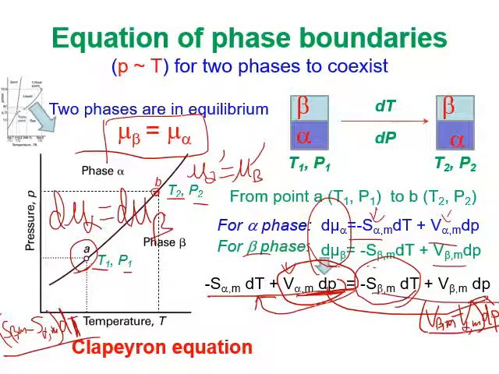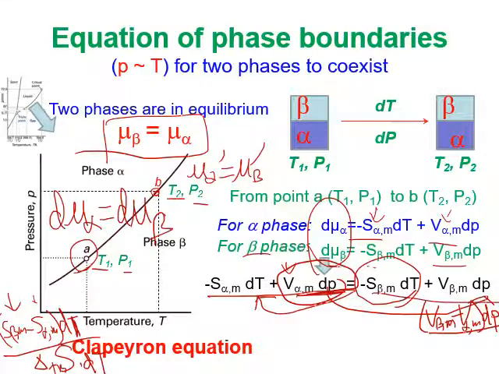Now we can simplify this. The entropy of the beta minus alpha means the entropy change between the two phases. So this is actually the phase transition entropy change, the entropy change from alpha to beta, times the temperature change.